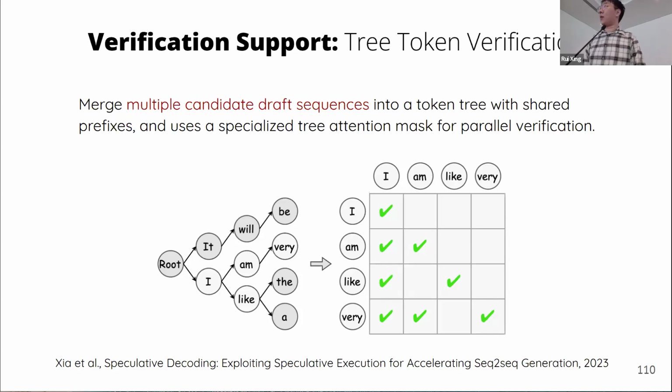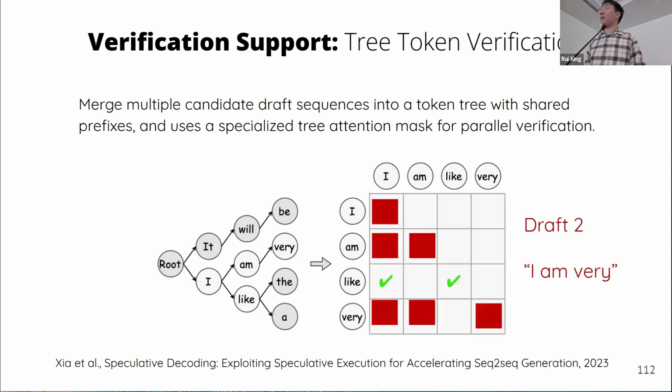It may be a little bit hard to understand, but we can split this tree into two candidate drafts. The first one is "I like." You can see these three red entries can be composed into the causal mask, just as GPT uses. And another draft is "I am very." This is also a causal mask. So you can split the original mask into two, but they share the same prefix.